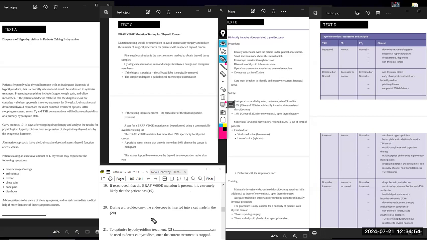I can say all these words, yes? Above the sternal notch, exactly. Notice this is a phrase. But where did you find this one? Which text? It's text B, second line. Small incision made above the sternal notch. That's amazing. Thank you so much.